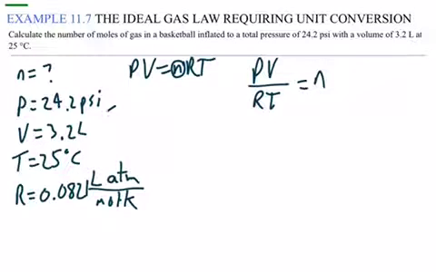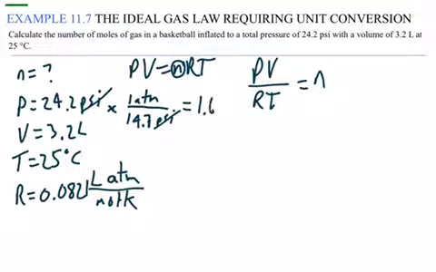So let's convert it to atm. In 1 atm, if you recall, there are 14.7 psi, so the units cancel. And when you divide by 14.7, you're going to get a new pressure in atm of 1.646, and that'll be atm. Now that checks out, okay?